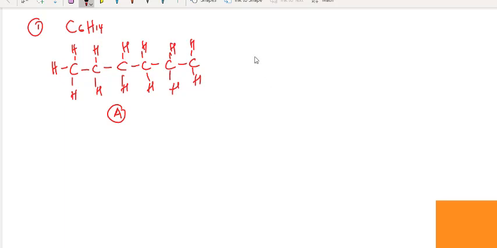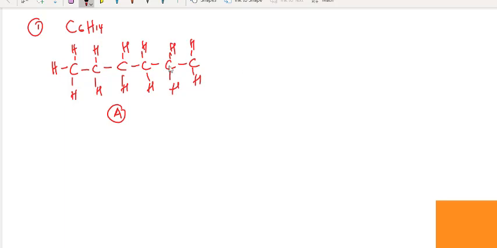So what else? What other possible structures could there be from the molecular formula? We have 6 carbons here. As we learned before, we can make a branched structure by shortening the number of carbons in the straight chain.